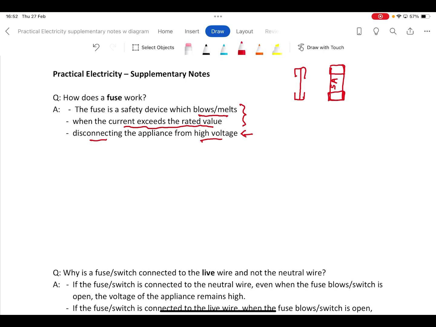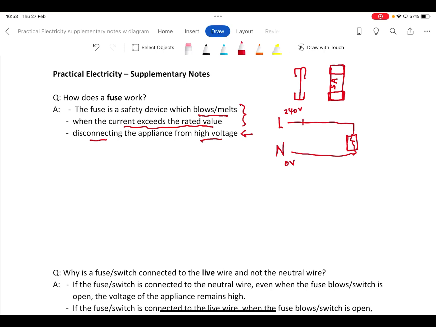When the fuse blows, let's say this is the live pin, and this is the appliance. Let's say we have a heater. This is the neutral wire, neutral pin, and the live wire is at high voltage, 240 volts. Neutral wire is at 0 volts.